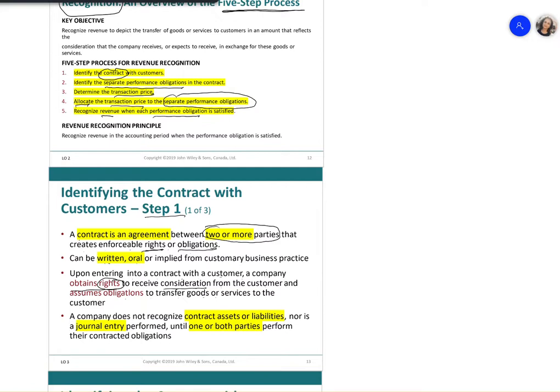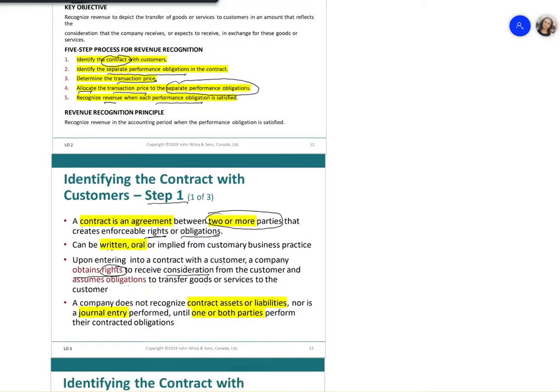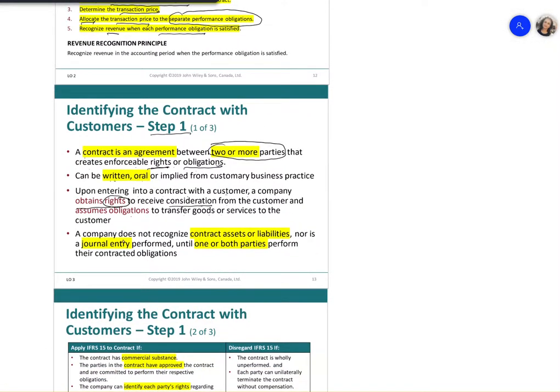They pay us in monetary or non-monetary consideration. Now, the company does not recognize the contract as an asset or liability, nor make a journal entry, until one or both parties perform their obligation. We said that there are two or more parties in a contract, so when one party performs their obligation, at that time we record the revenue.